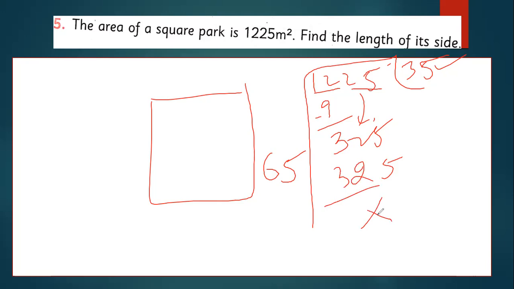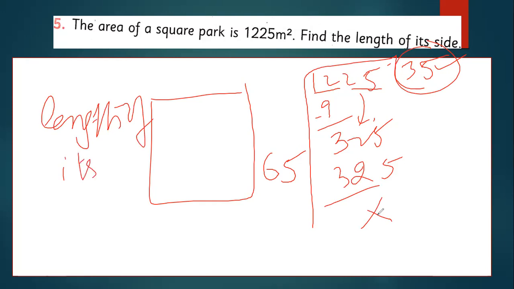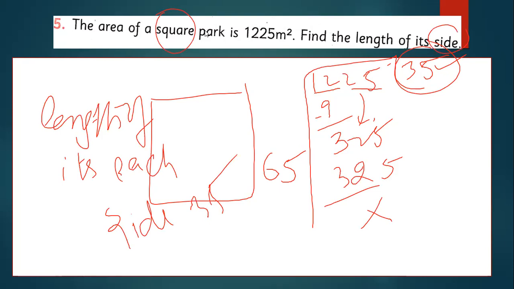It is done. Your answer is that the length of each side is 35. Got it? When you are given the area of a square and you are finding one side, just take the square root.